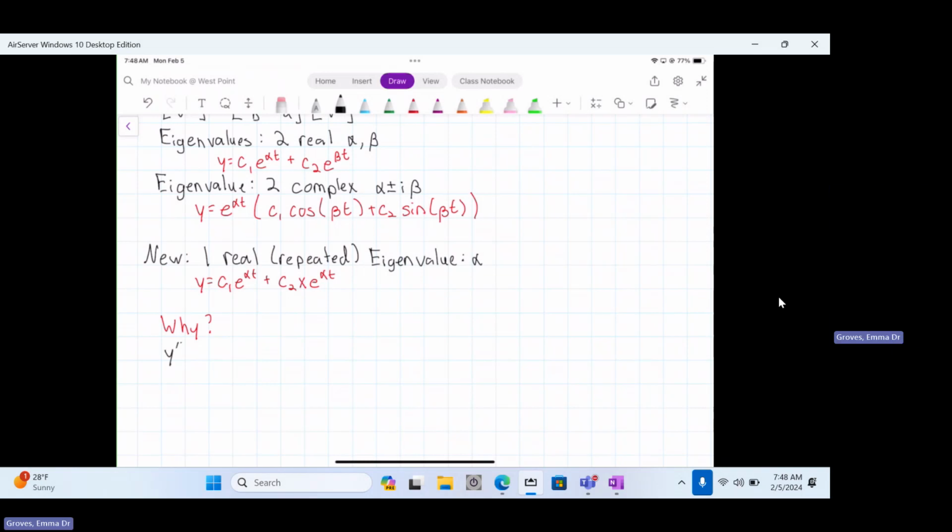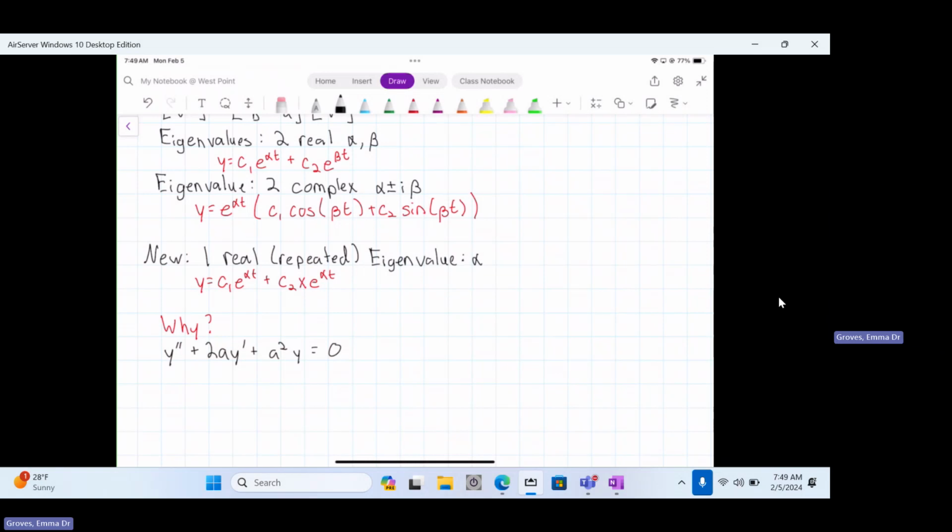So we're going to look at the case y double prime plus 2ay prime plus a squared y equals 0. I am just forgetting symbols all over the place today. So I guess my claim to you is we will always get the repeated root when we have this case of an a squared and a 2a. That's the part I'm going to claim without proving to you, but it is true.